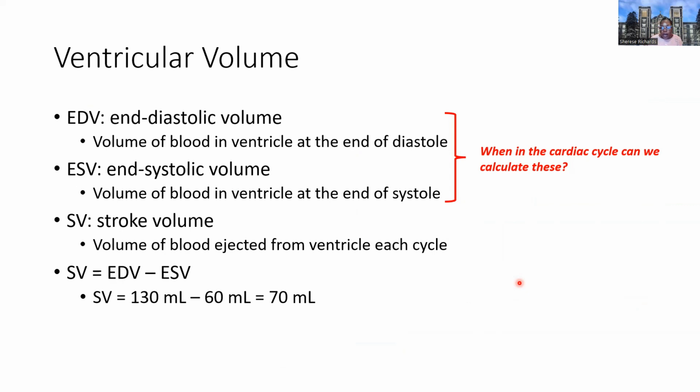So that is our stroke volume. So if we have filled 130 milliliters at the end of diastole, and we have 60 milliliters remaining in the ventricle after blood is ejected, then that means we have ejected 70 milliliters. So that would be our stroke volume.